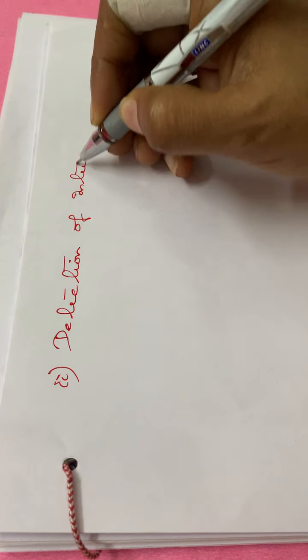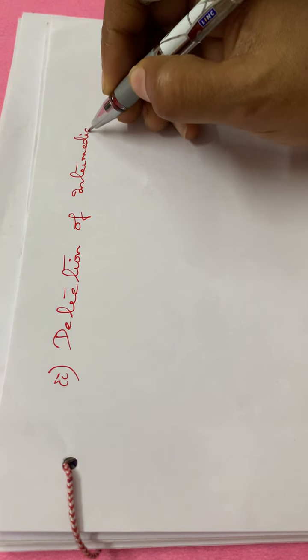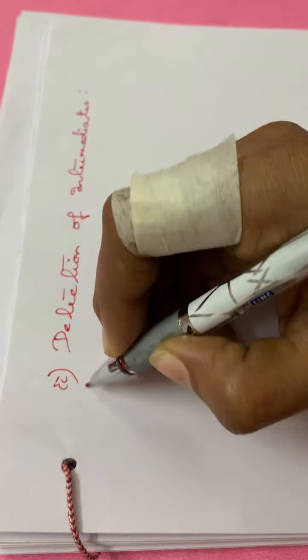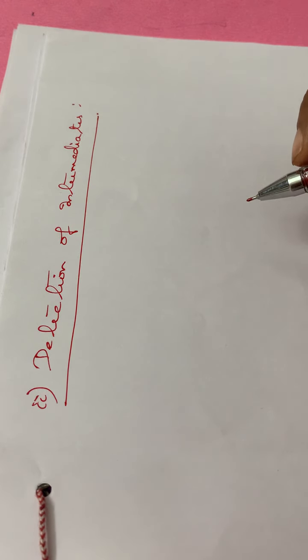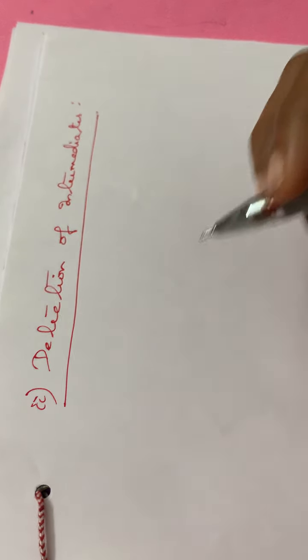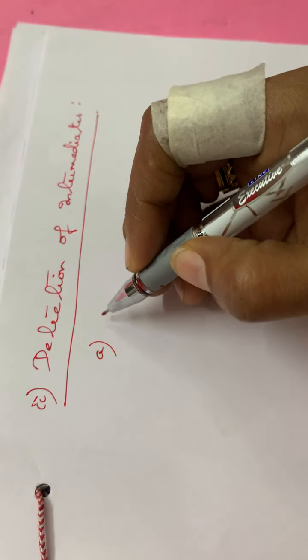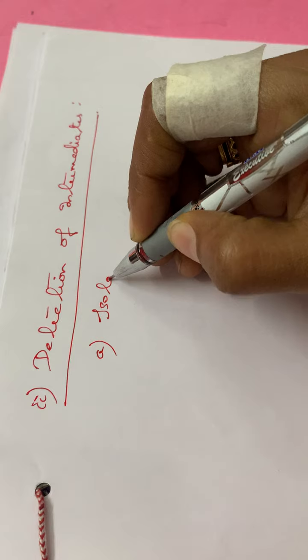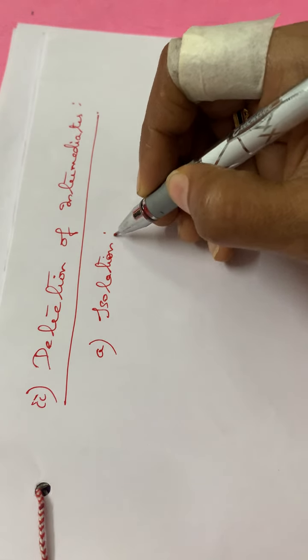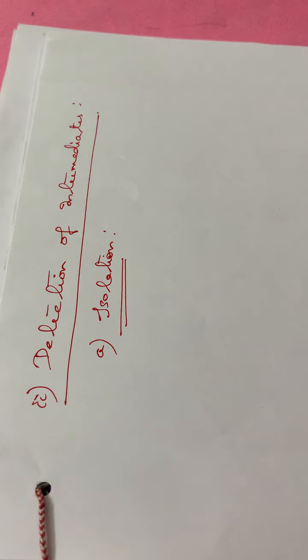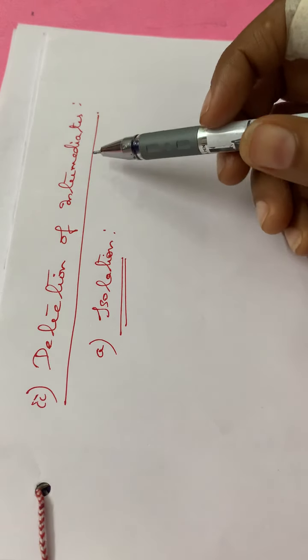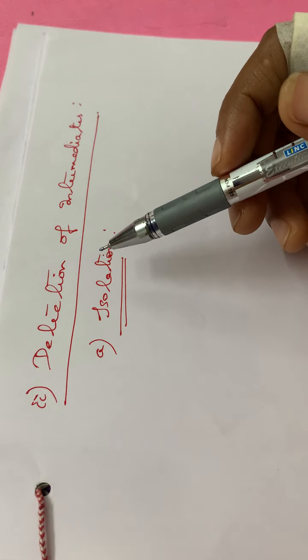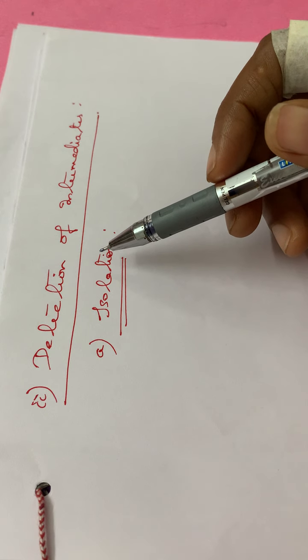Detection of intermediates. In this, the first one is by isolation. See, detection of intermediates means while we are doing a particular reaction, the intermediates will be formed, and we have to identify the intermediates by some different methods.